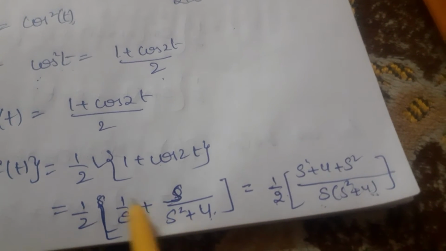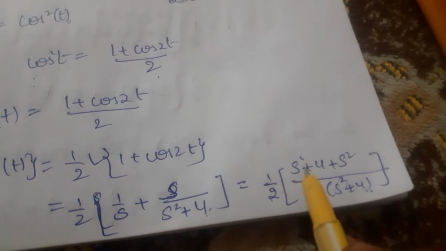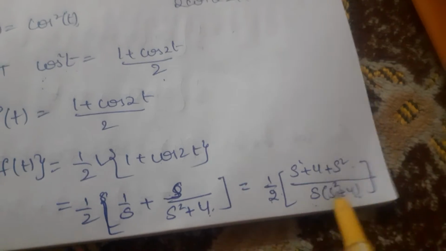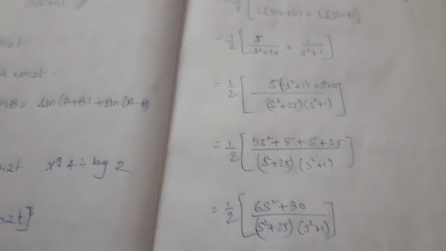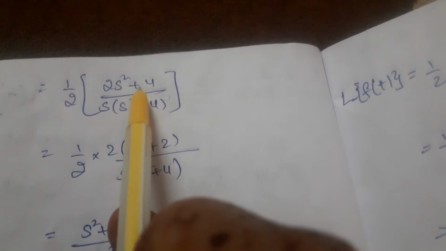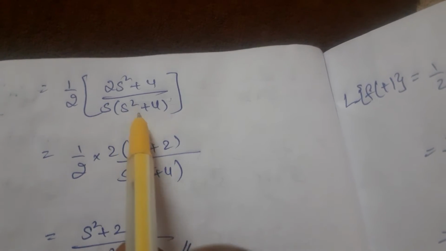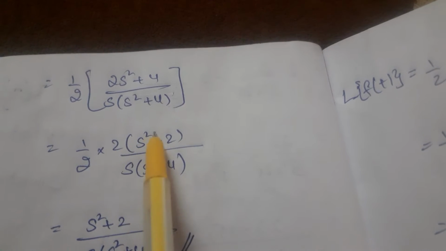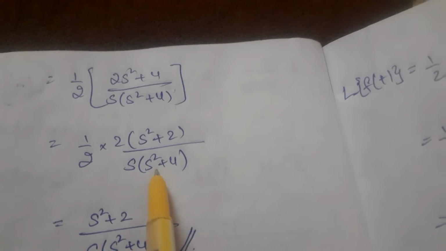Cross multiplication: (s square plus 4) into 1, that is s square plus 4, plus s into s square. So I will get 1 by 2 into (2s square plus 4) by s into (s square plus 4). Taking 2 common, it becomes 2 into (s square plus 2) by s into (s square plus 4).